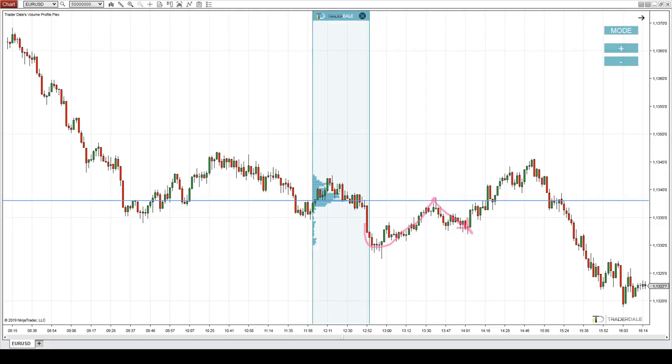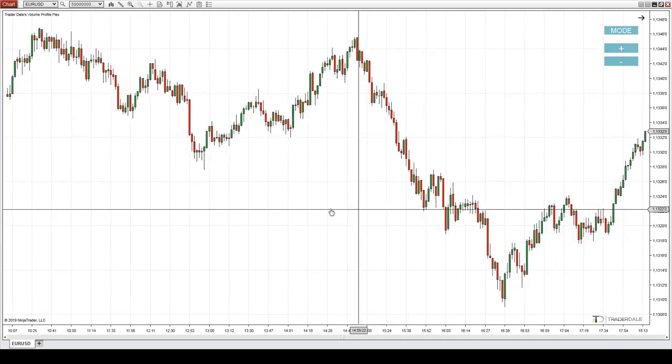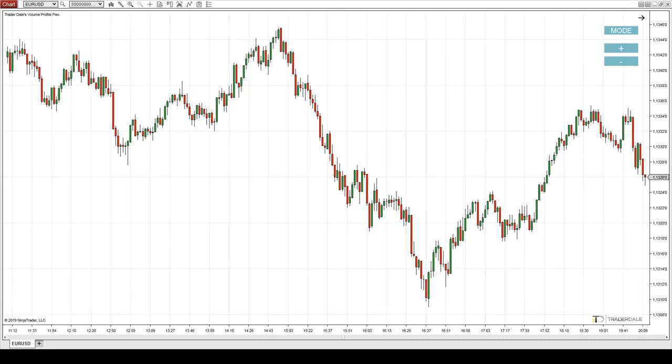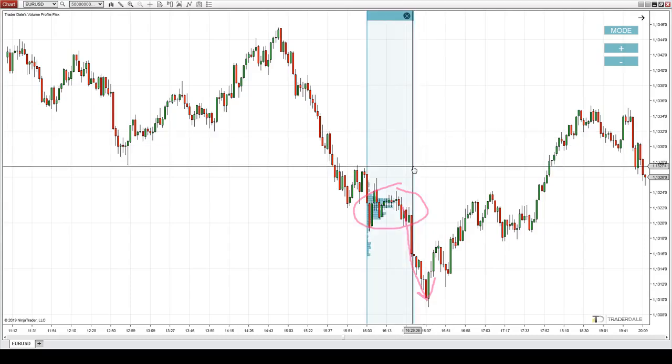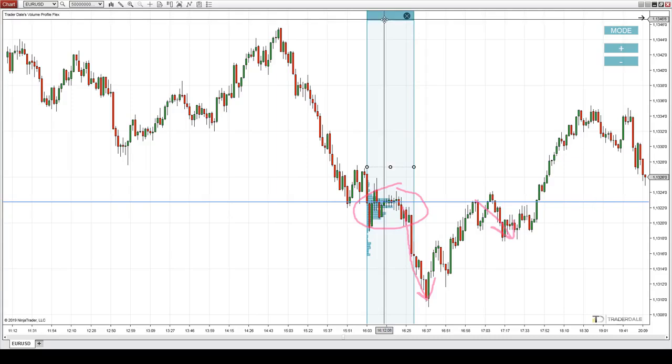Another nice reaction. Another one is in here, a rotation followed by strong selling activity. The short is from here. This is the reaction.